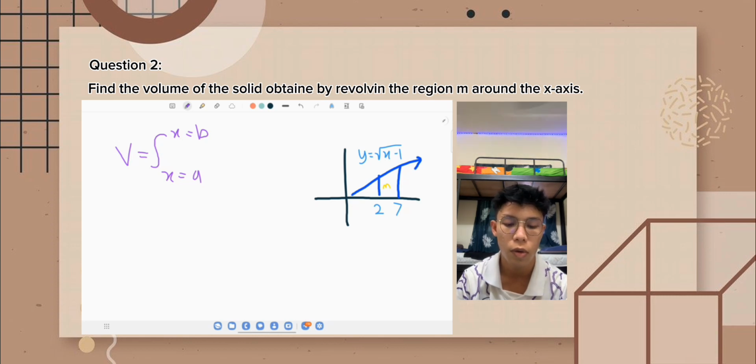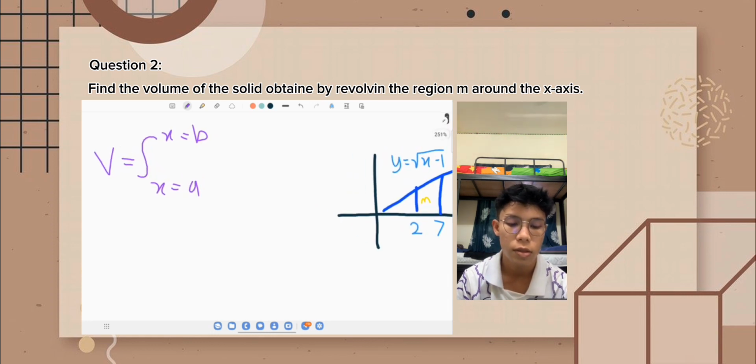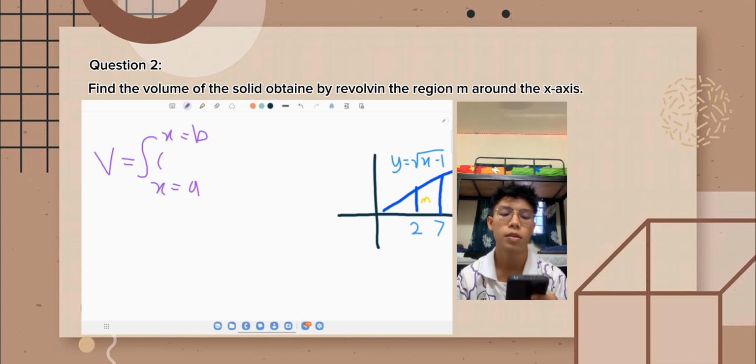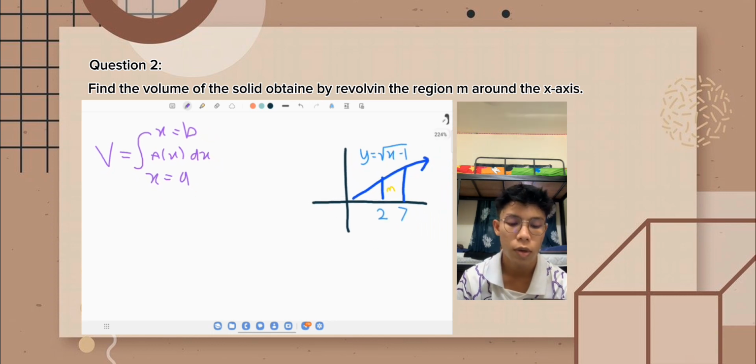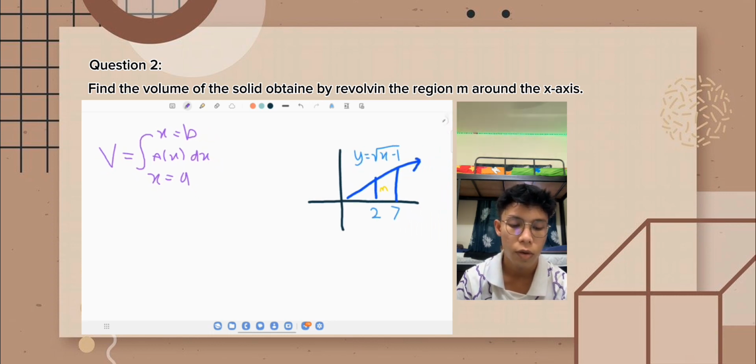It will be our area in terms of x dx, and that area is the area of one cross section, so this cross section is a circle, and we know the formula for that is pi r squared. So our volume is going to be from x equals 3 to 7, because the area is pi r squared, and we figure out what r is going to be in a second, dx.